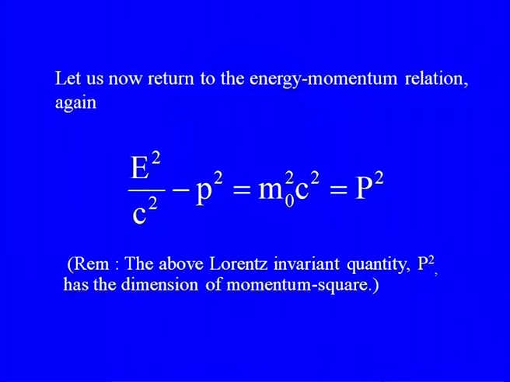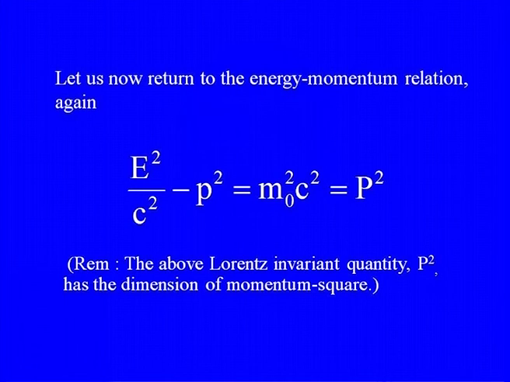Now let us change tack a little and return to our energy momentum relation and see something quite interesting. We have E square by c square minus the momentum square, where the small p is the 3 momentum, equal to m0 squared c squared.